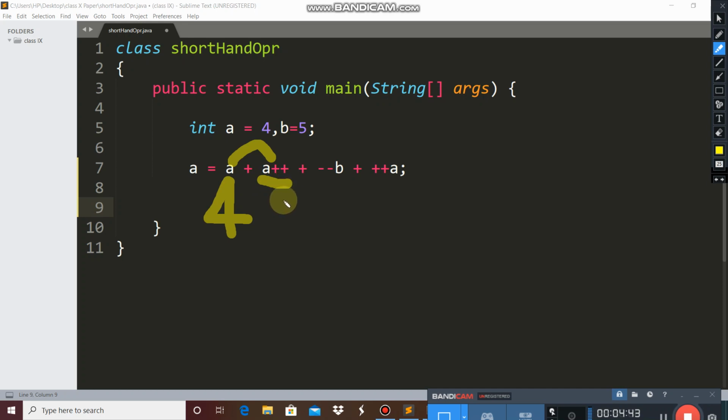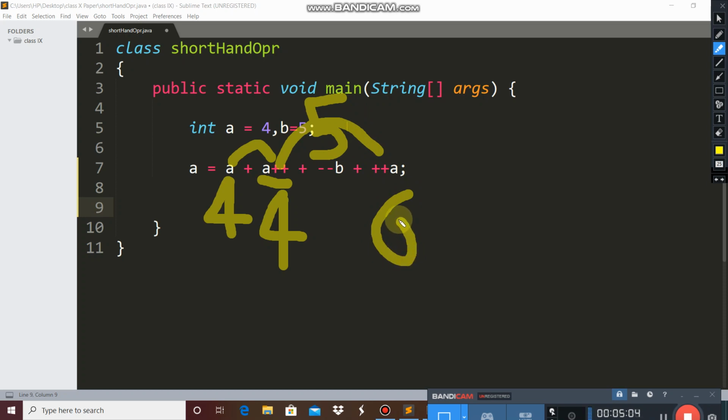It means the value used here during the execution is 4, and later it gets incremented when it moves forward. So after its usage it becomes 5, and when it reaches here it is 5, and when it is used up it becomes 6.